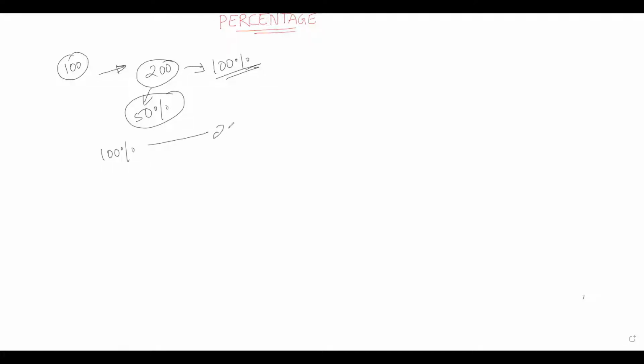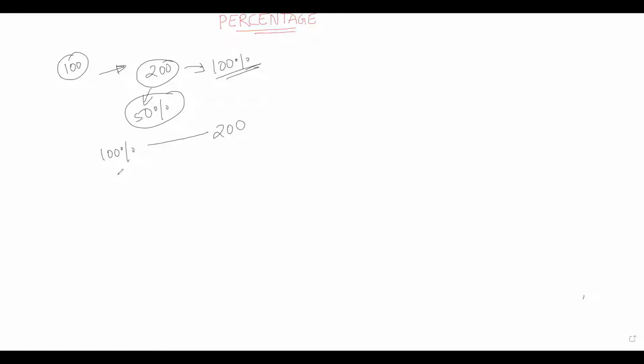Whenever we hear the word percentage, the first thing that comes to our mind is the number 100. Why? Because the word percent implies for every 100. For example, if I take the number 200, this 200 is complete 100% of itself. Now, if I want to find, say, 50% of this number, what would it be? We can say that 100% of this number is 200.